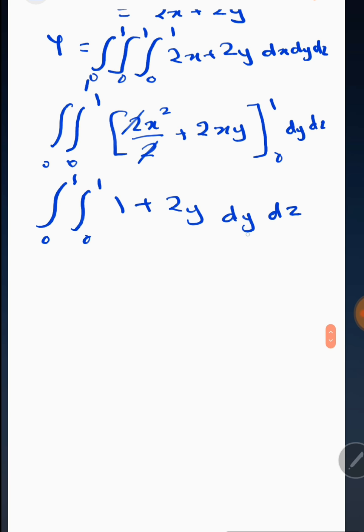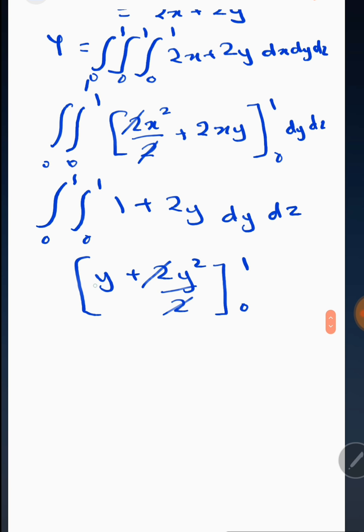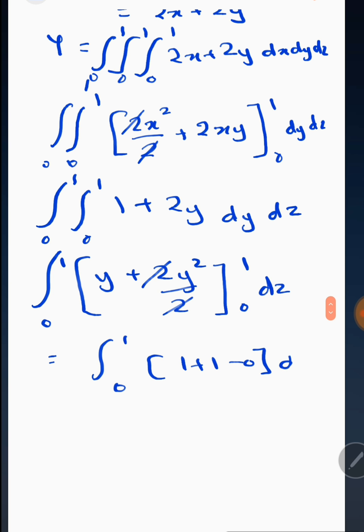Again, I perform integration with respect to y. 1 will give me y, 2y will give me 2y squared over 2. This can be cut off. Limit is from 0 to 1, leaves me with just 1. So this now gives me the limit of 0 to 1 of 1 plus 1. When I substitute 0, it becomes 0 again, so nothing much here.